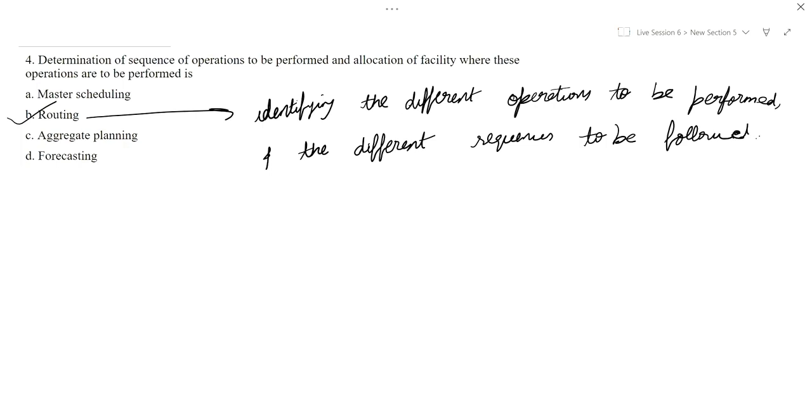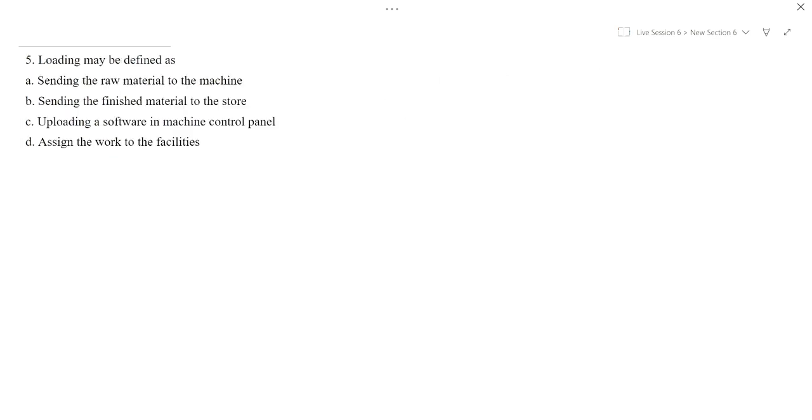Okay, so the next question is, loading may be defined as which of the following?